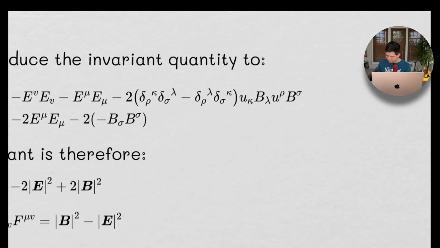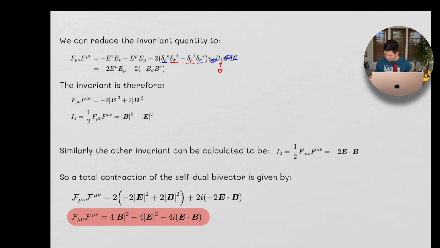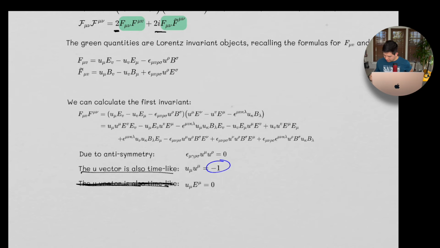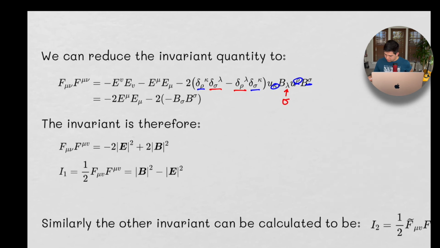This guy and this guy, so that's going to make this guy sigma. And then this guy and this guy, we're going to keep that, let's see, rho to kappa, rho, so kappa to rho. So these two guys are going to sum over each other. But if you recall, we have this, right?